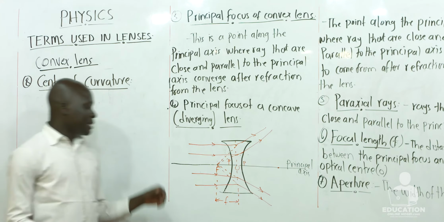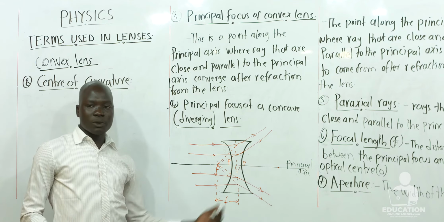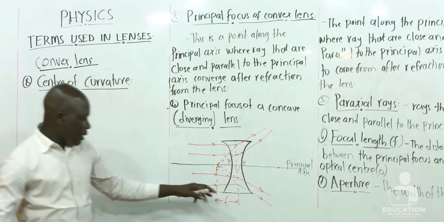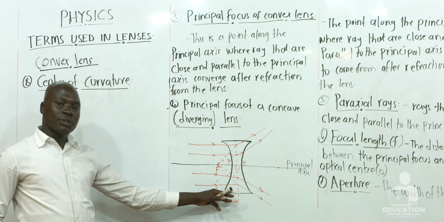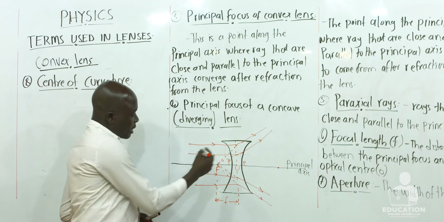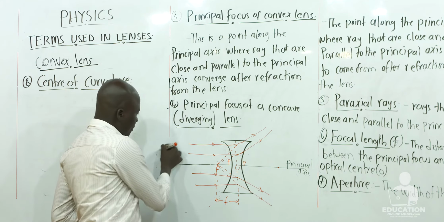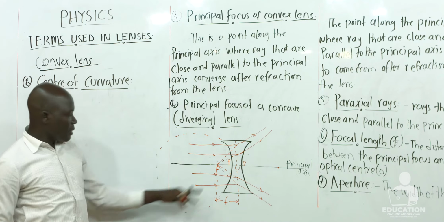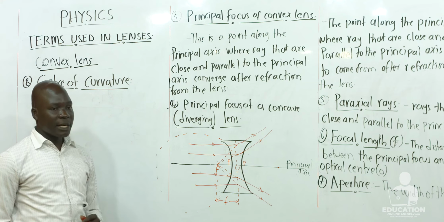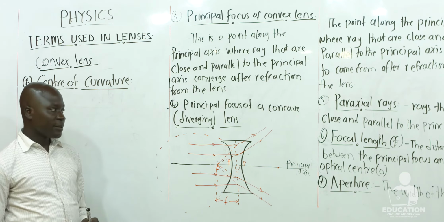So the center of the sphere from which this lens has been cut is what we call the center of curvature. Assuming this lens was not cut from the sphere, the sphere can appear in this form when you project this line. You find that it forms a sphere. Then the center of this sphere, where the lens has been cut from, is what we call the center of curvature.